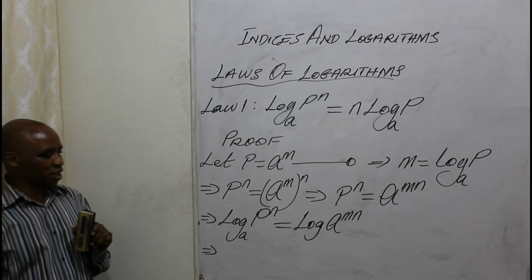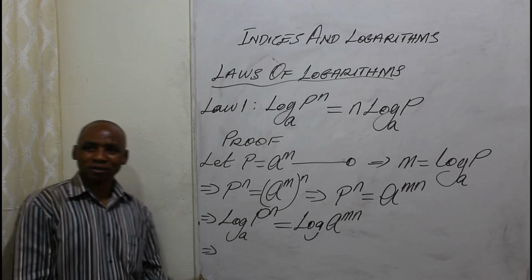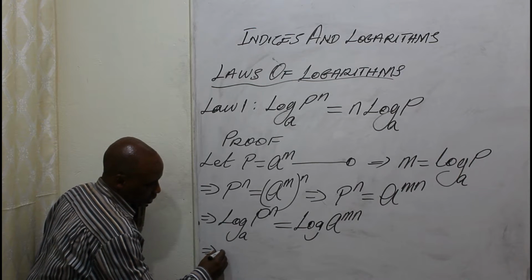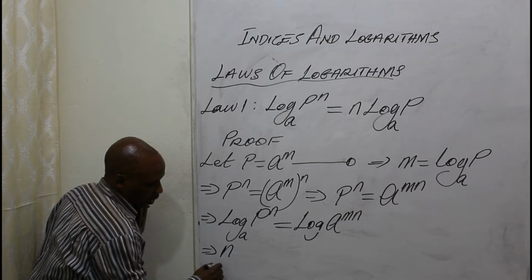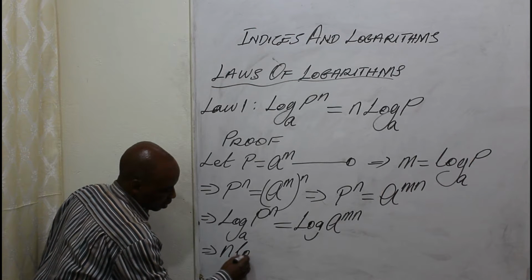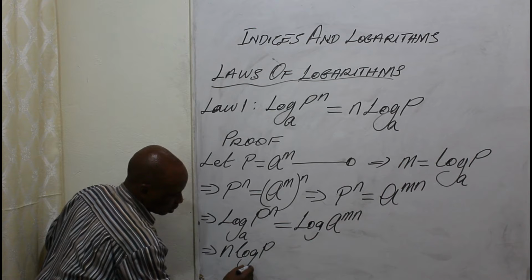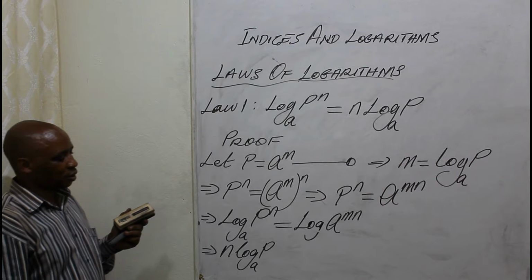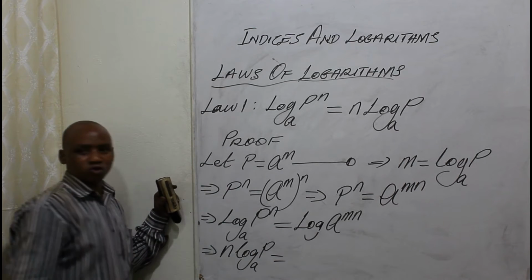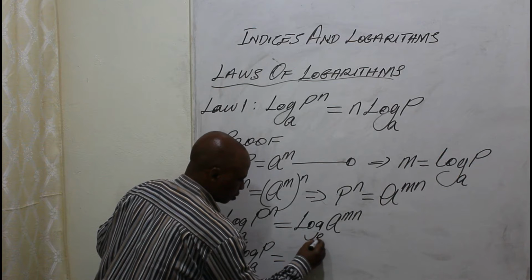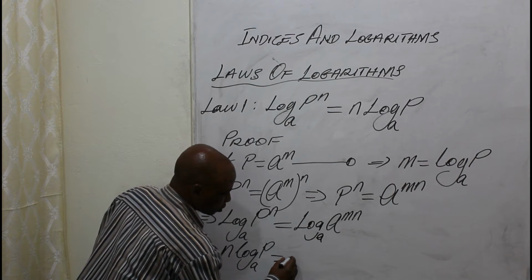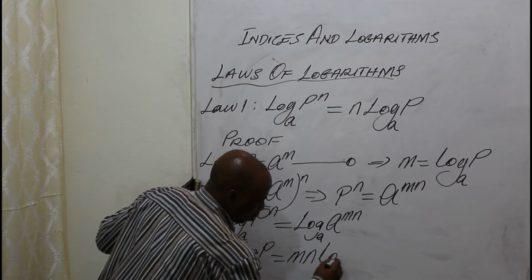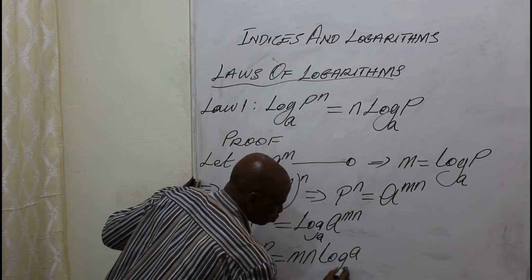Then from the basic points of logarithms, with this we will get n log p to base a being equal to mn log a base a.